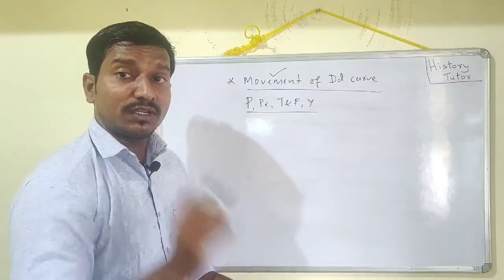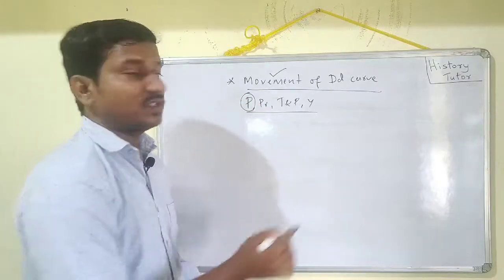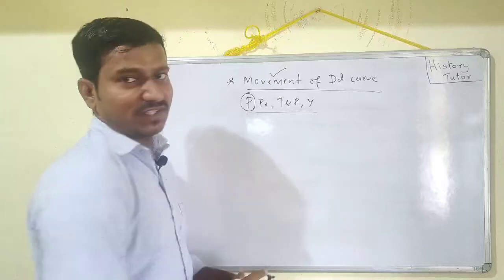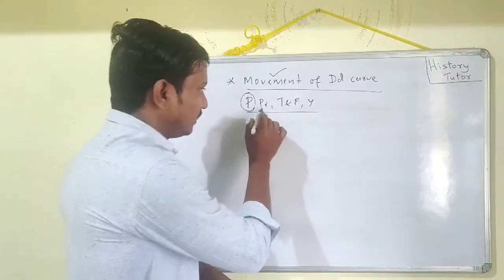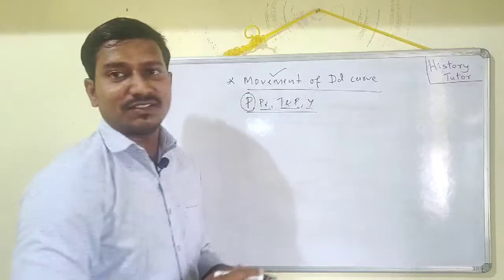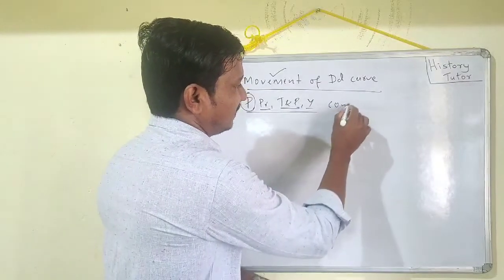Friends, out of these four determinants, we are going to take only the price, which influences the movement of the demand curve. Then what about the remaining determinants? The price of the related product, taste and preference, and income of the consumer, we are going to assume constant.